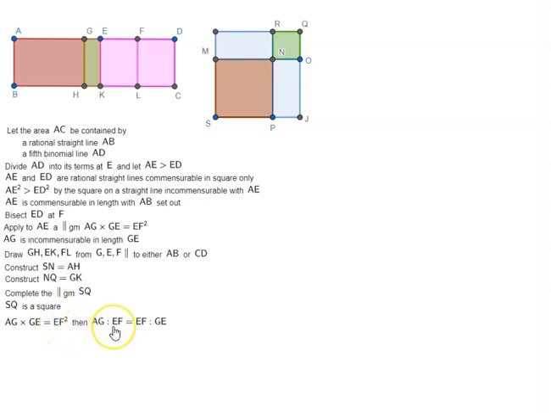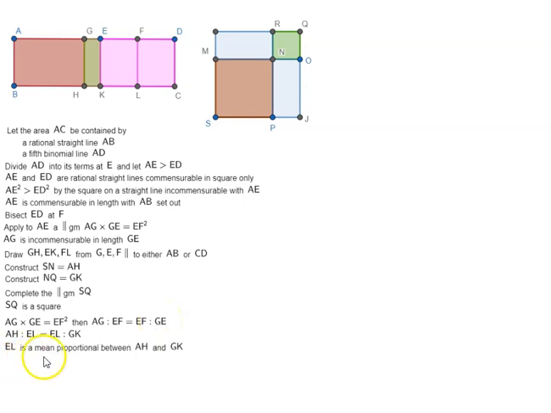That means we can write it in proportionality terms as AG is to EF equal to EF is to GE, which means EF is the mean proportional between AG and GE, which means AH is to EL equal to EL is to GK. Why? Because AH is the figure on AG, EL is the figure on EF, and GK is the figure on GE.